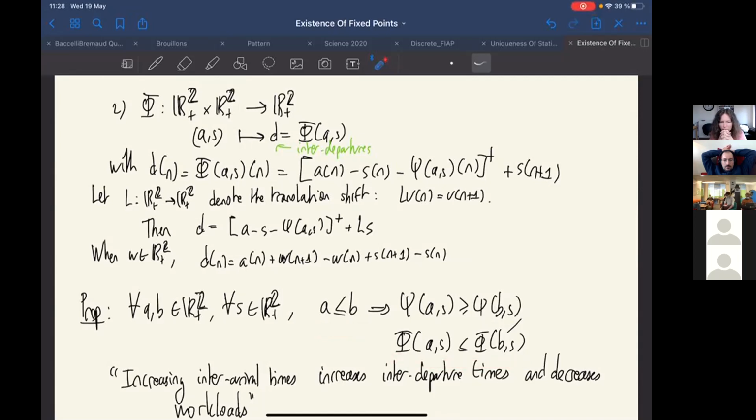However, the workloads will decrease, which makes sense, because if you increase interarrival times, then you have more time to process your existing customers, so the workloads decrease, and the interdeparture times increase because you have to wait longer to see your next customer. So this is just a property that shows that it conforms to intuition.